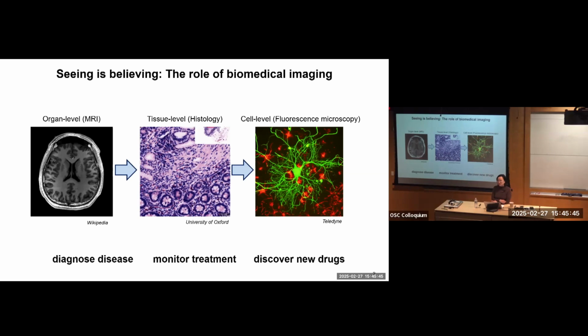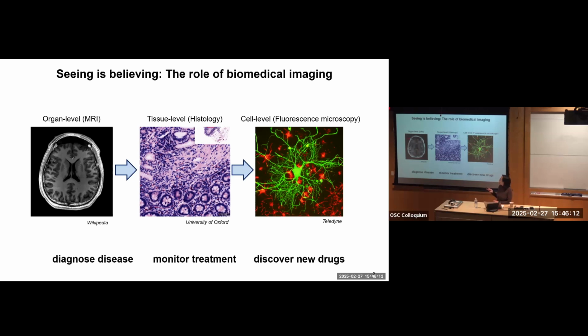To me, the ultimate goal is to understand the complexity of life, to understand how biological systems function and how they change over time in healthy and disease states, and use that information to improve disease diagnosis, monitor treatment, or even enable new scientific discoveries. Biomedical imaging operates at different scales. Here are a few examples of different biomedical imaging modalities.